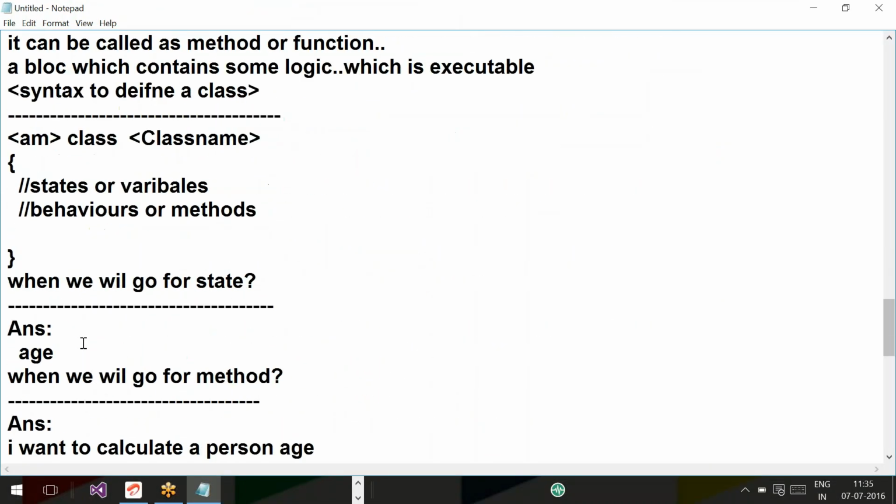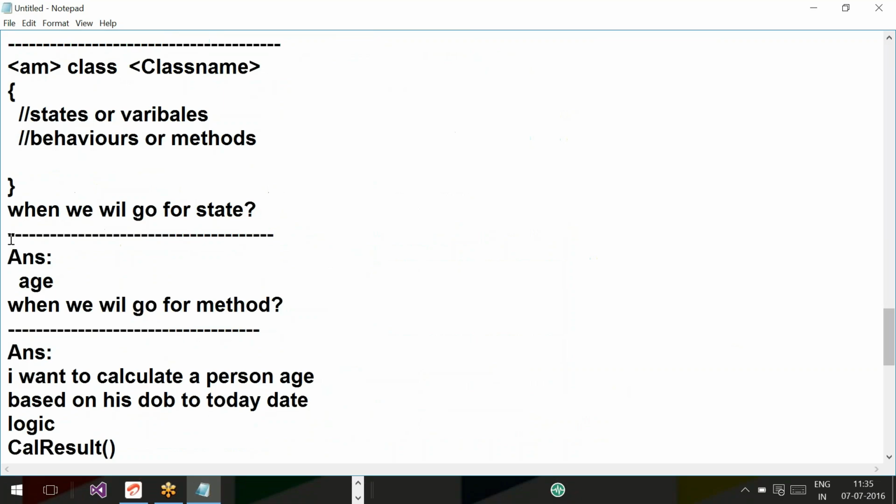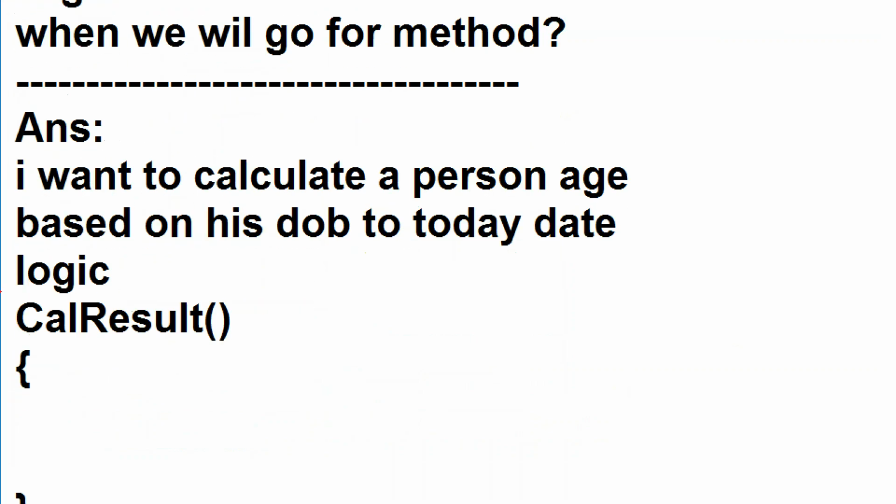We go for state whenever we want to represent some value, and the value can be changed. For example, I want to represent age, so I go for state. We go for method whenever we want to represent some functionality.